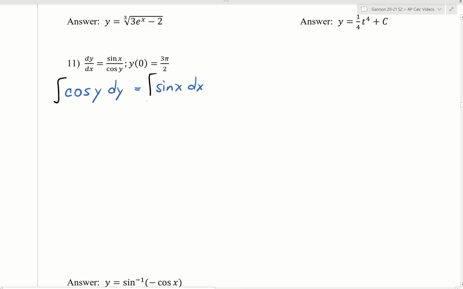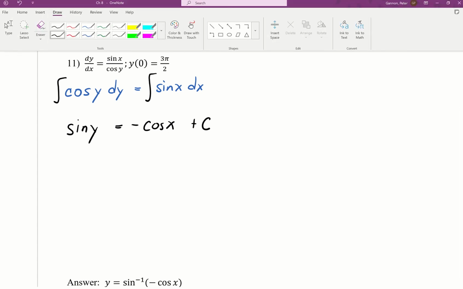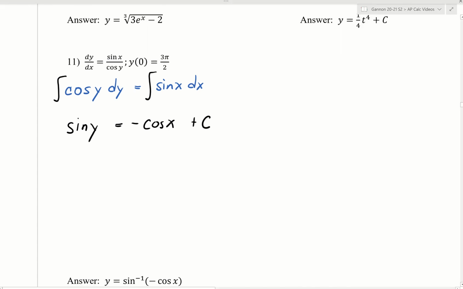We can integrate both sides. So cosine is the derivative of sine. So the integral is going to become sine of y equals negative cosine of x plus c. Now this is probably just as good a time as any to figure out what c is.